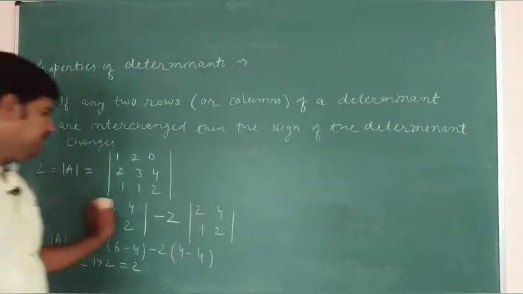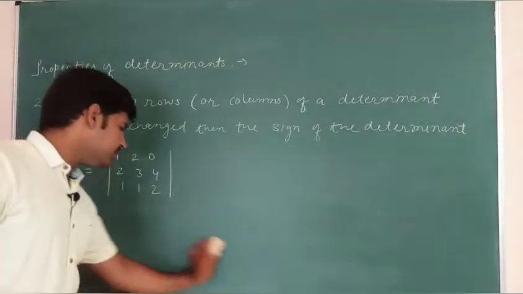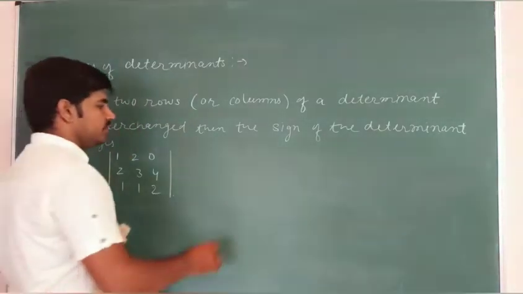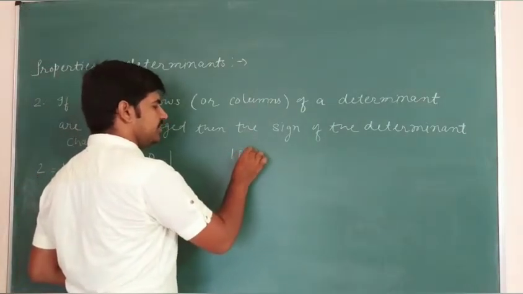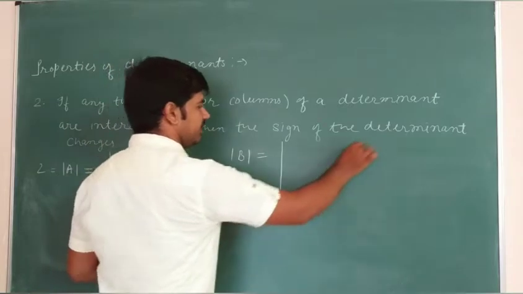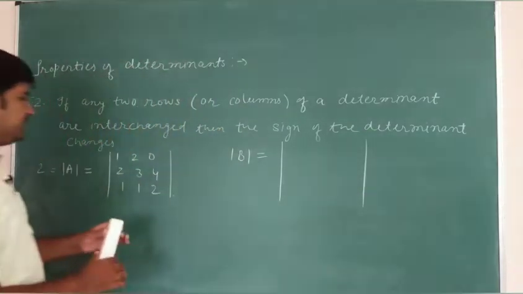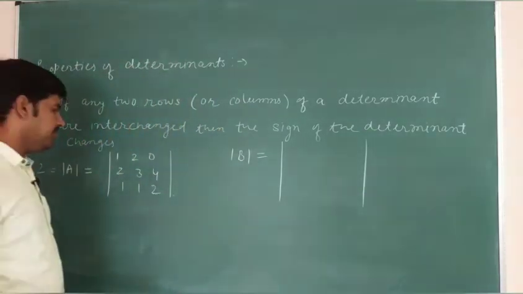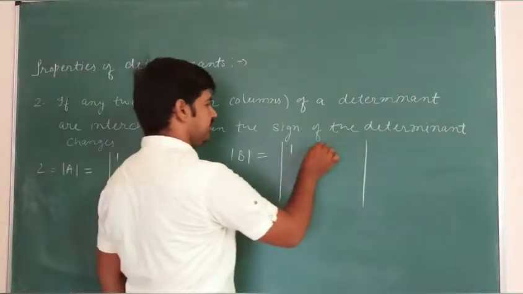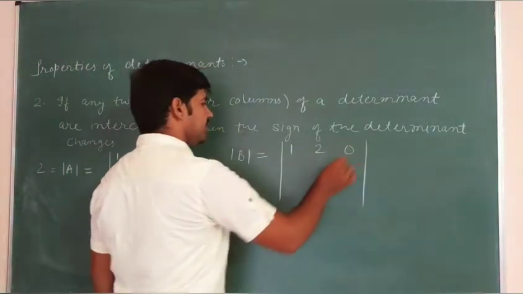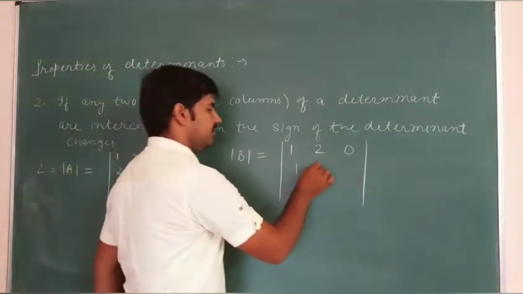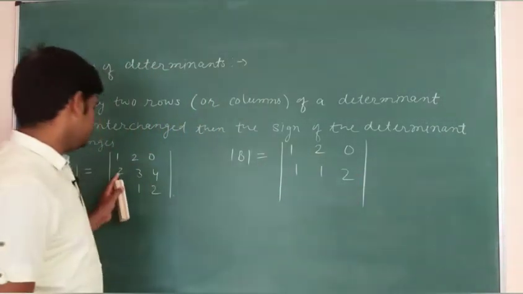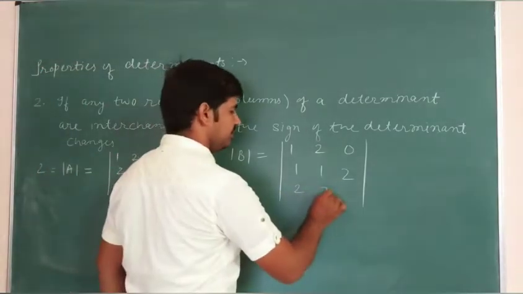Now I interchange two rows of this determinant, which gives another determinant, determinant of B. I keep the first row the same, 1, 2, 0, and interchange the second and third rows, so here I write 1, 1, 2 and then 2, 3, 4.